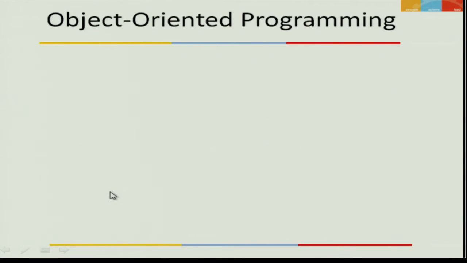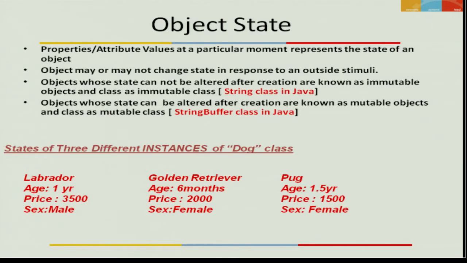So essentially, let us just step back again. We have these three instances of the dog class: Labrador, Golden Retriever, and Pug. These are all instances of the dog class, and their attribute values are age, price, and sex.